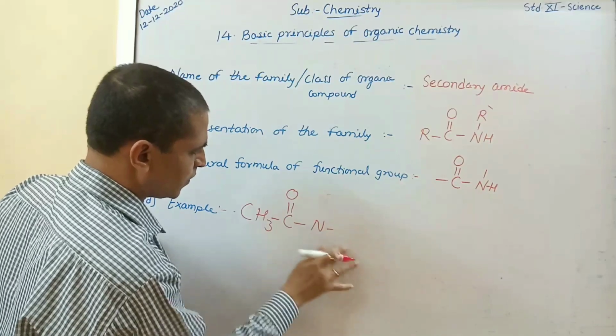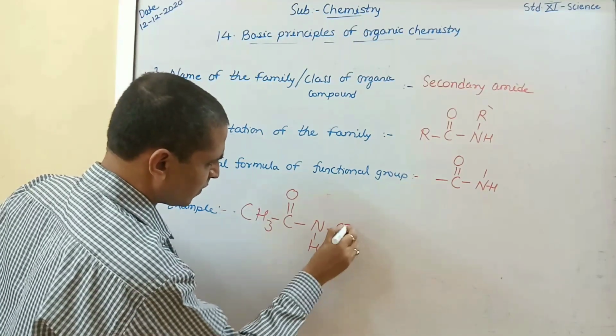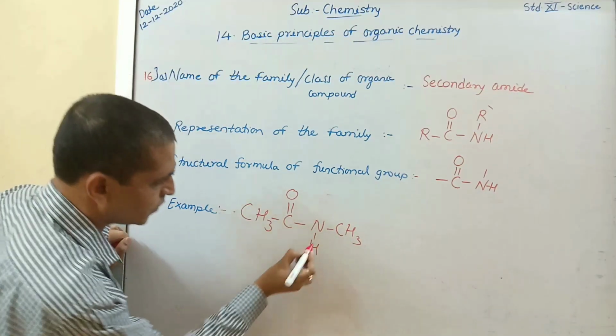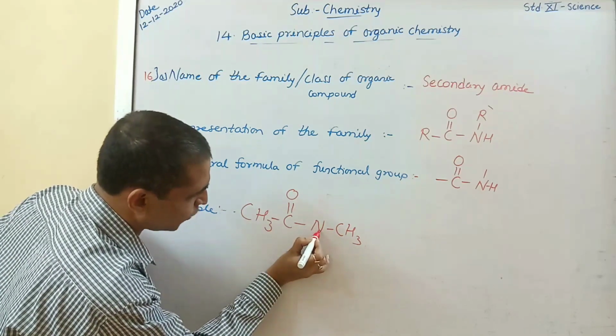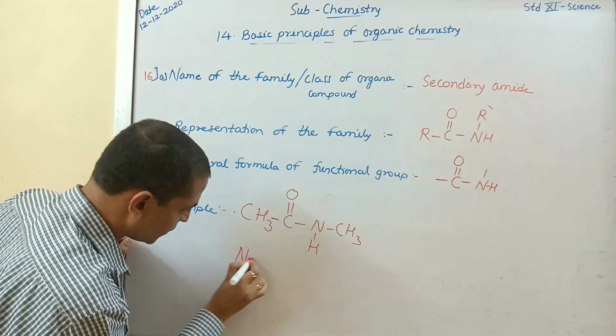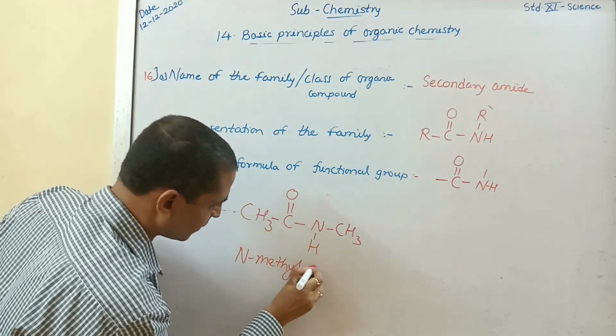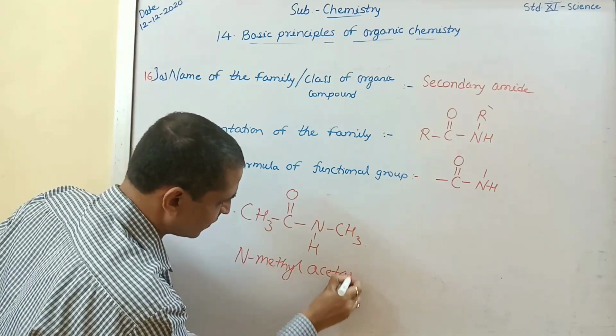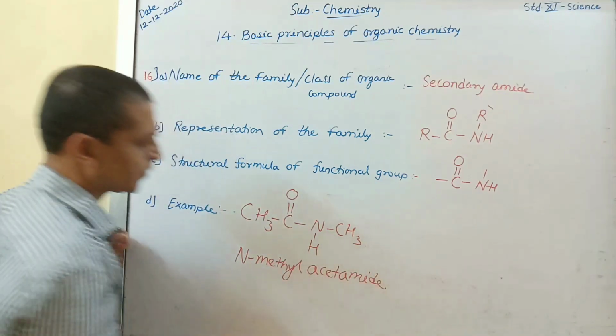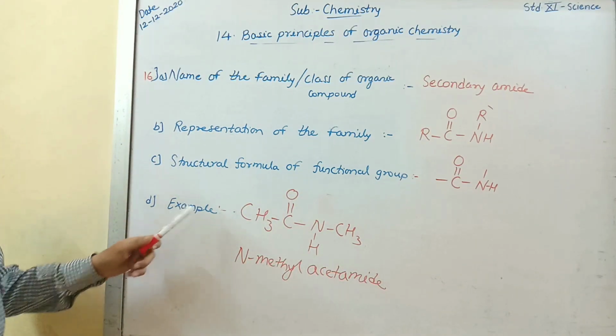See this way, here this methyl group is attached to this N, so we can write down here N-methyl, and the other part is what? Acetamide. N-methyl acetamide. It is the example of what? Secondary amide.